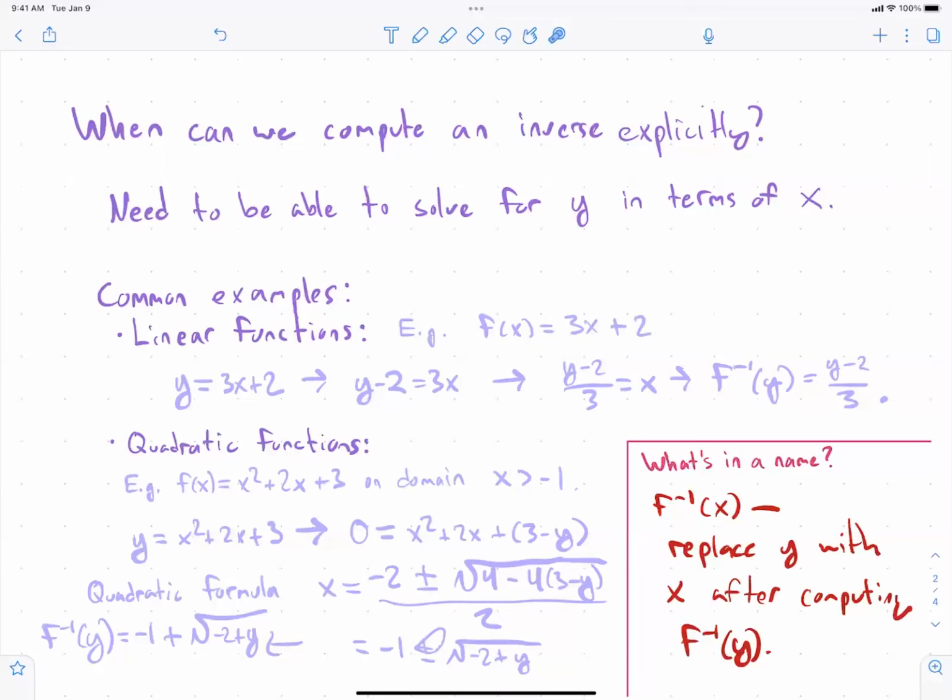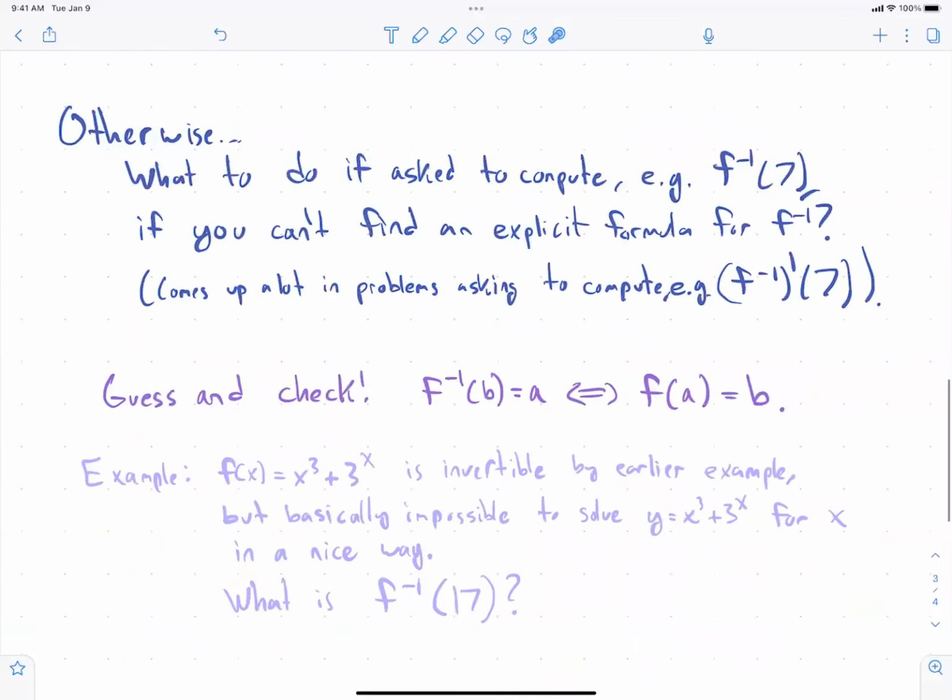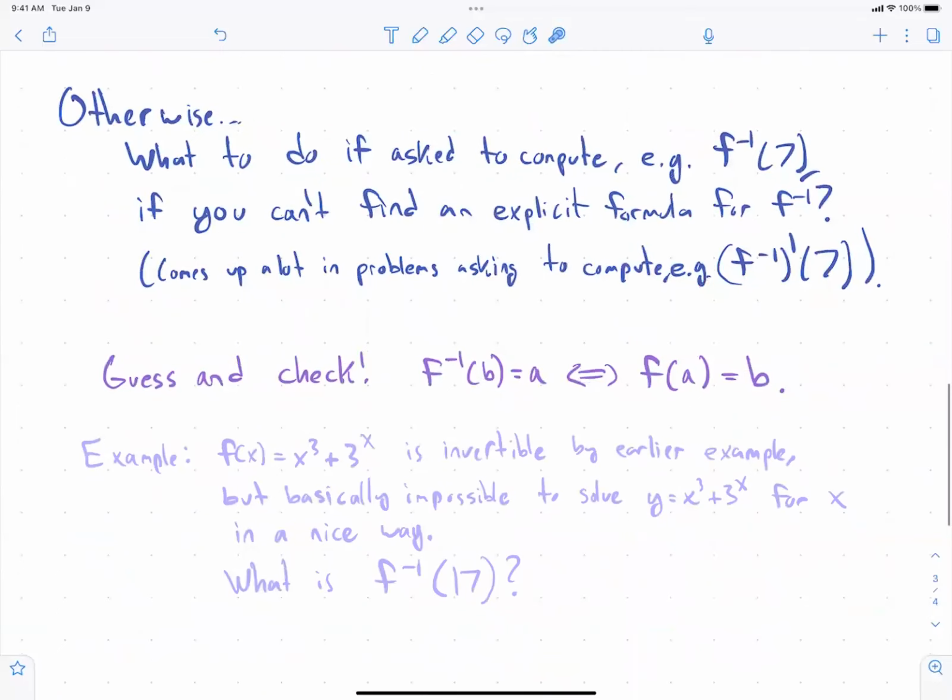Okay, good. So those are the times when you can explicitly invert a function. What should you do otherwise? What do you do if you're asked to compute f inverse of 7 when you can't find an explicit formula for f inverse? That comes up a lot in problems asking you to compute the derivative of f inverse at 7.